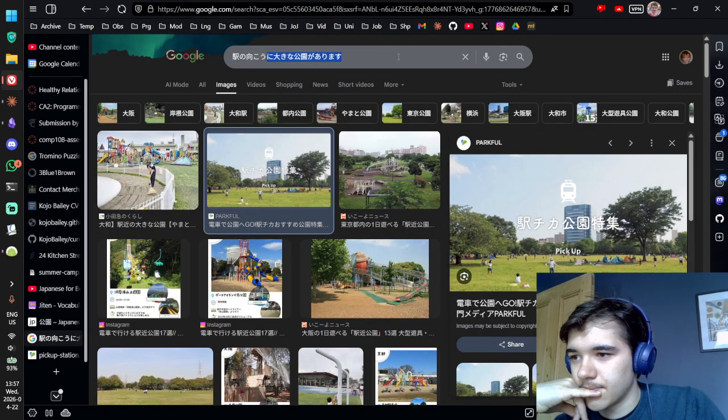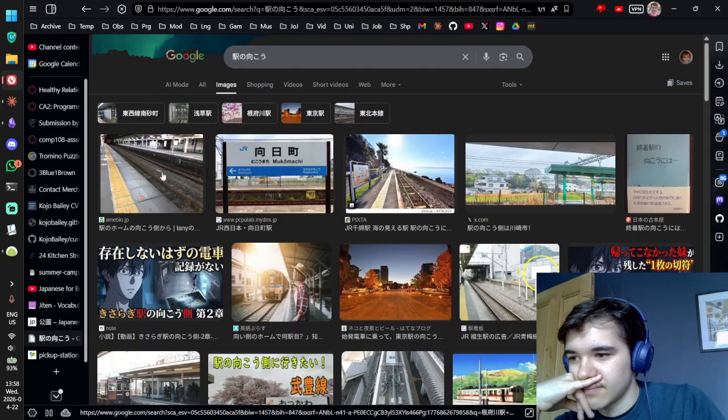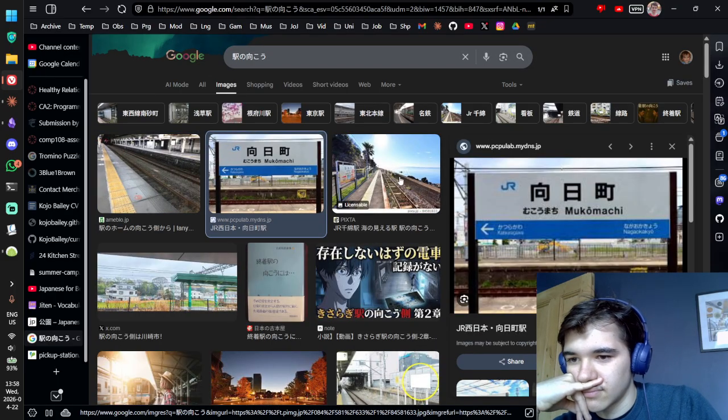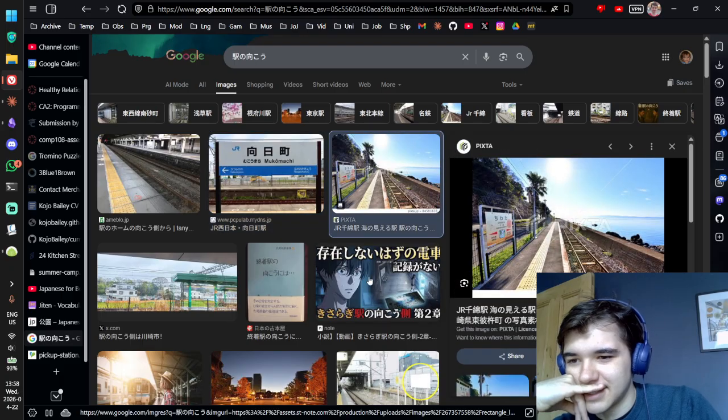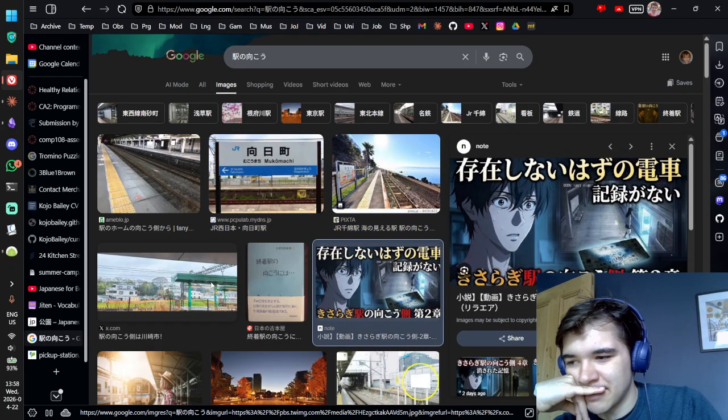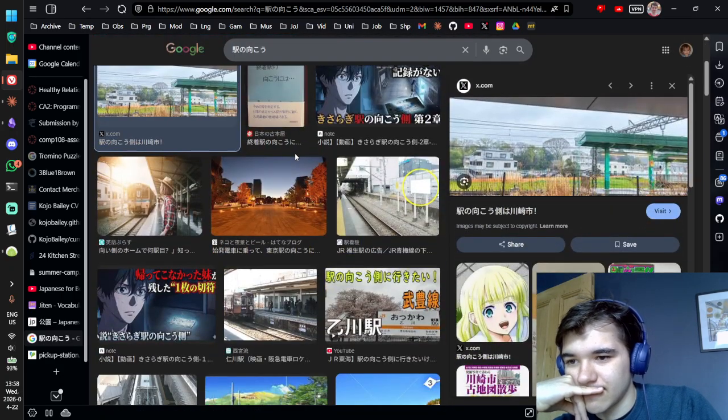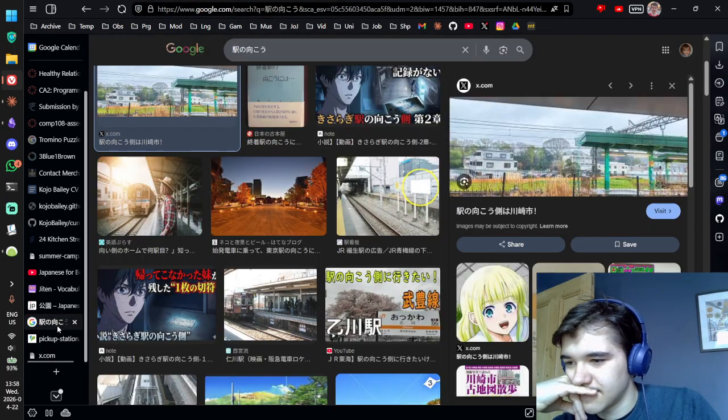Eki no mukou. Mukou machi. What? Other side of town. And that's just the name of the town. I guess this is actually quite good. The quality is horrendous, but let's open it in X.